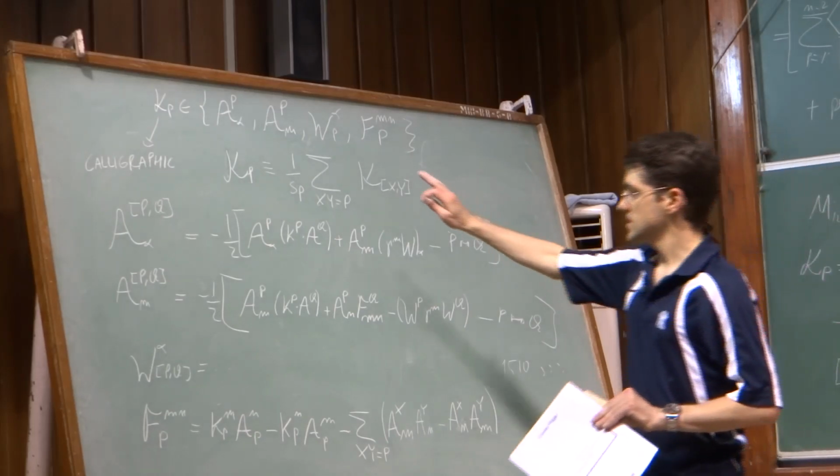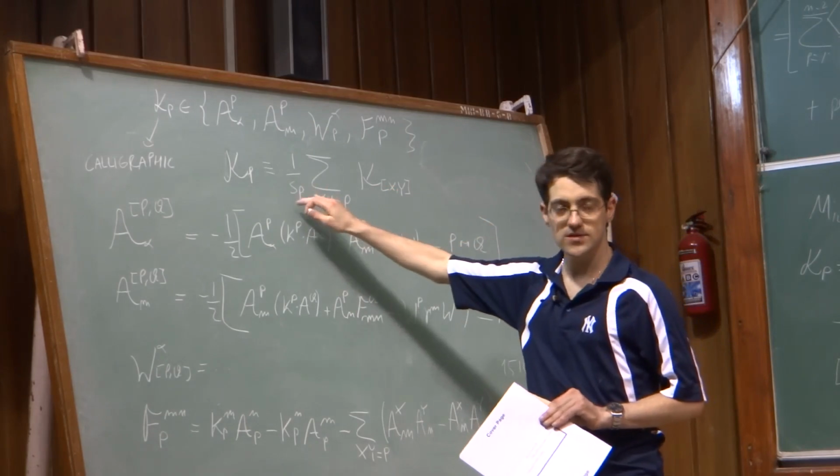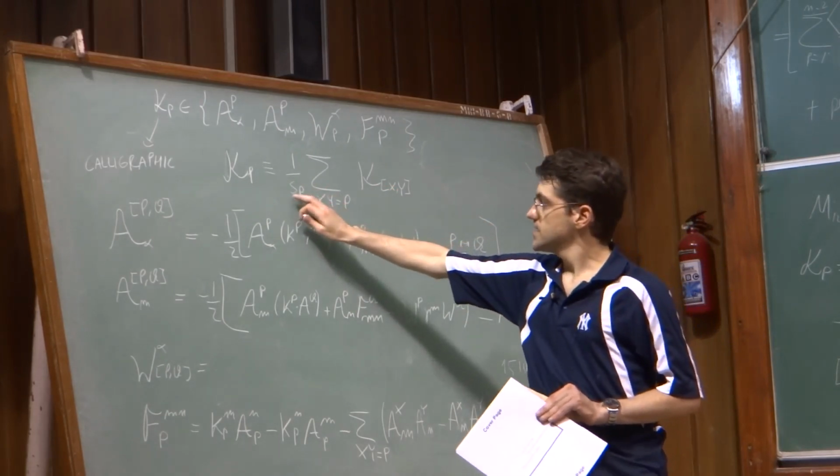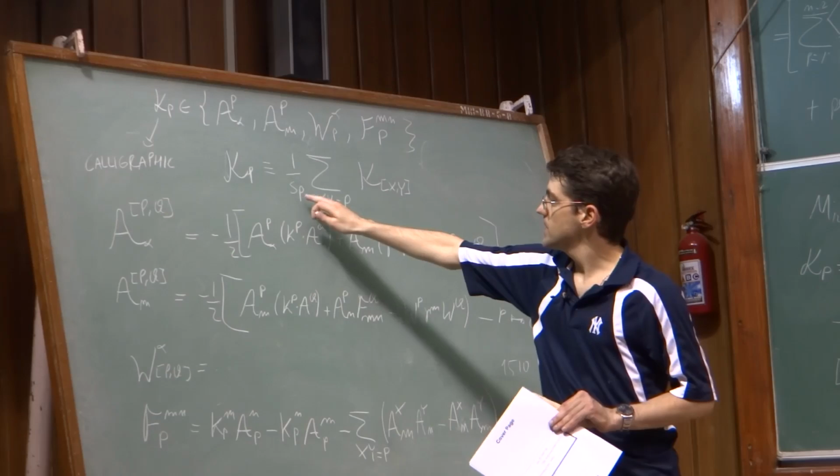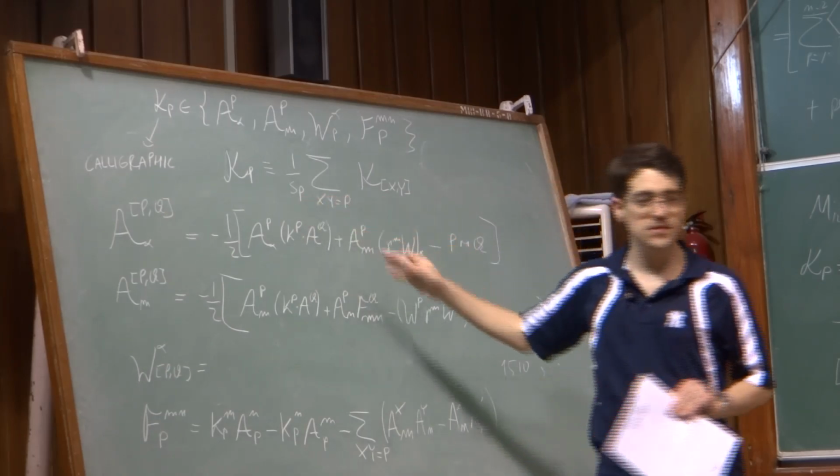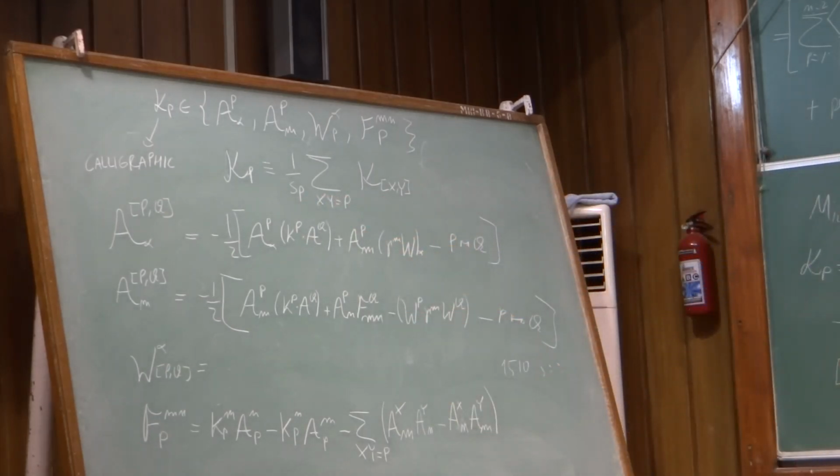Okay, so this is a definition, and you can show that this structure here, where you divide by Mandelstam invariants, reproduces the same expansion of the binary tree that I wrote before.